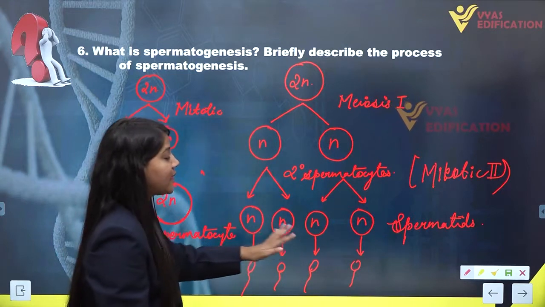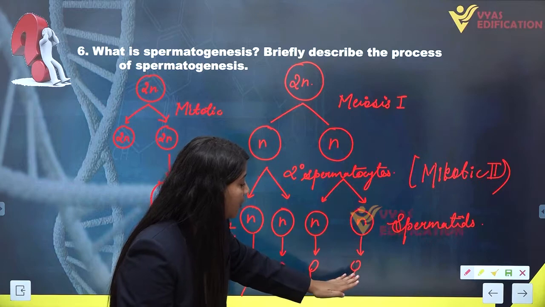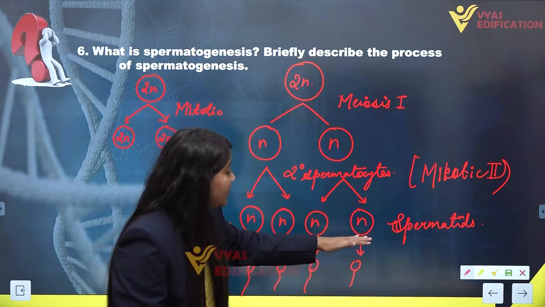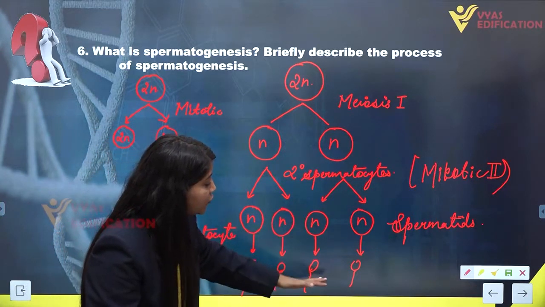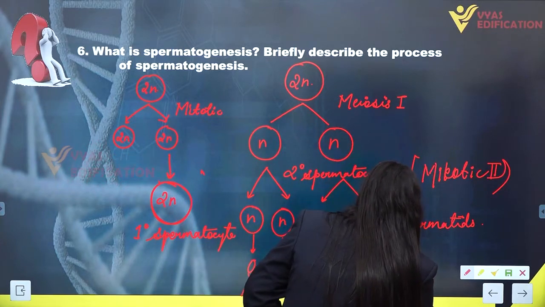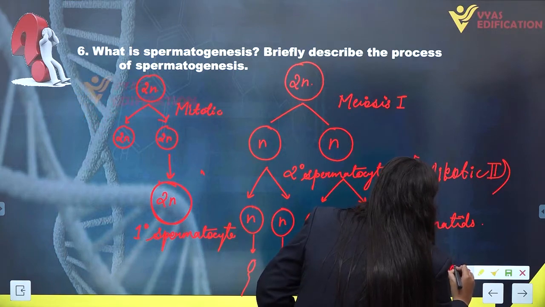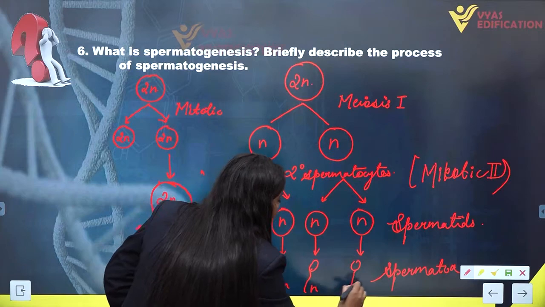All these spermatids are haploid, and they are just transforming. They are not undergoing any kind of division. All these spermatids are transforming into a new structure known as sperm cells or spermatozoa. So all these spermatozoa are always haploid.